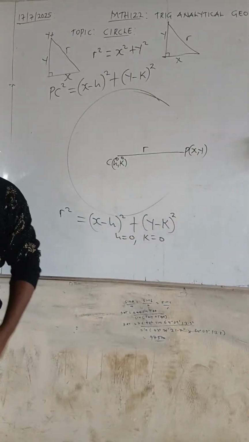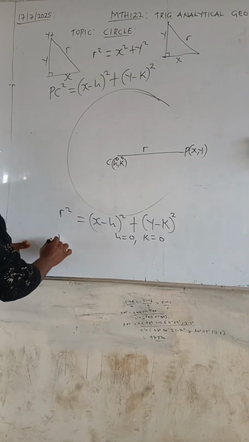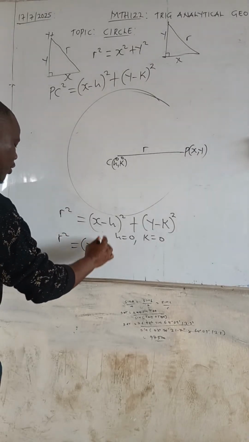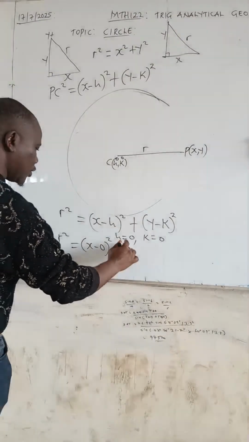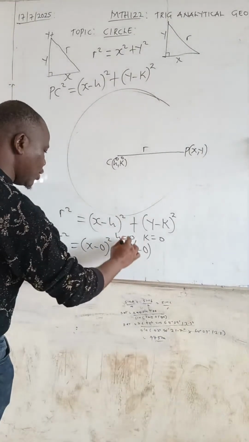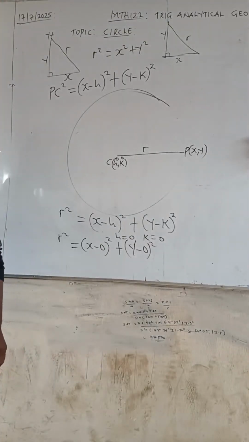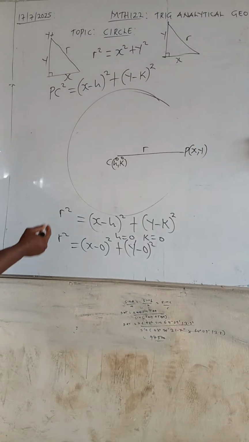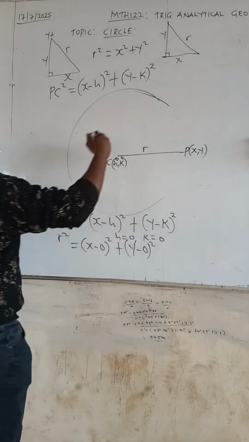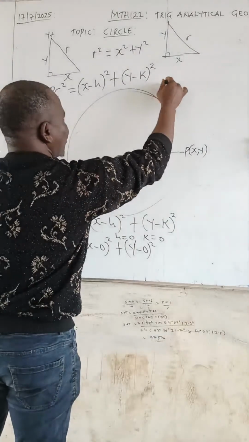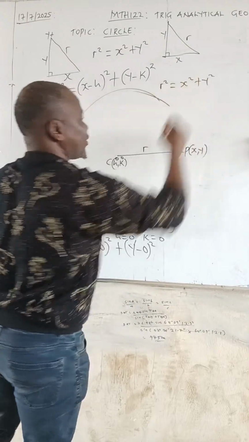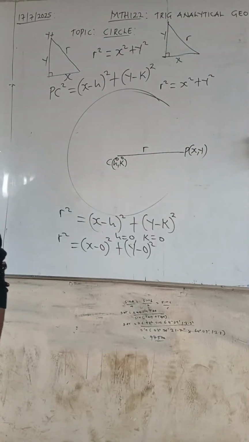You don't need a prophet to tell you, this implies that our r squared is (x minus 0) all squared plus (y minus 0) all squared. True or false? It means the whole of this thing is the same thing as r squared equals x squared plus y squared. Amen? Any question?